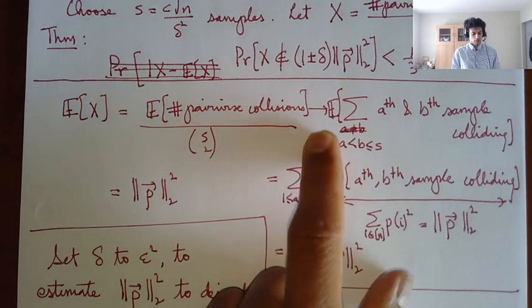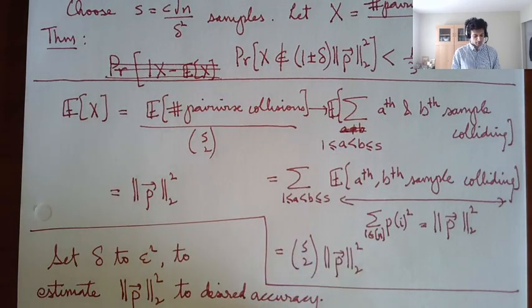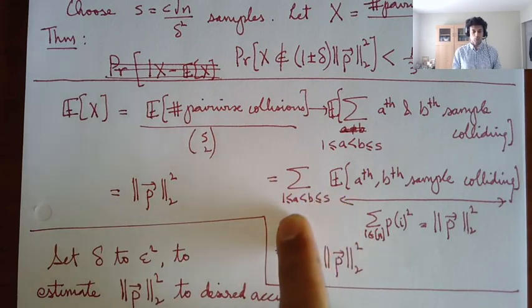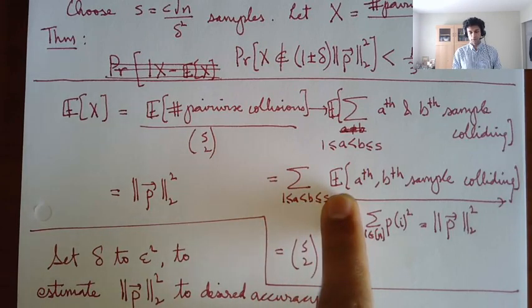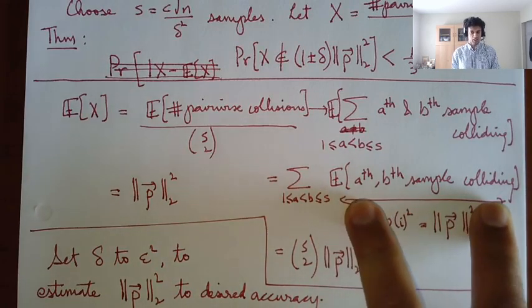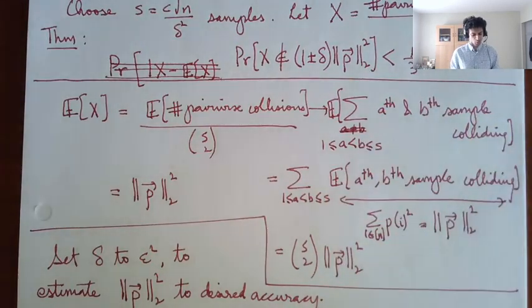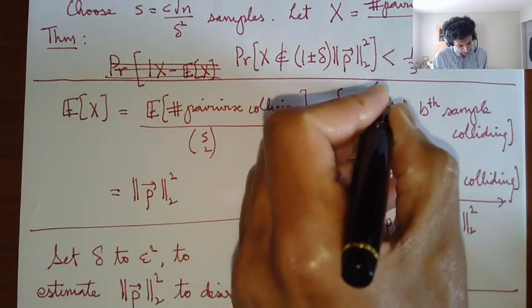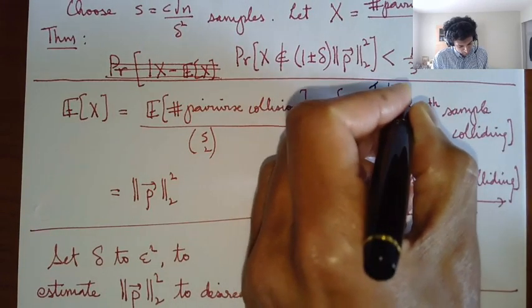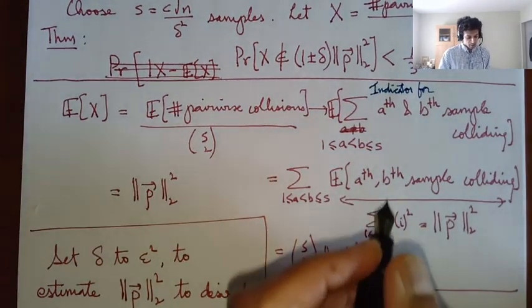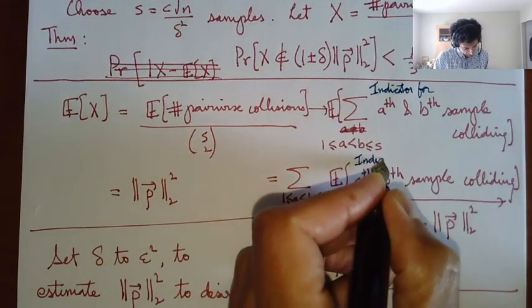And so when I commute the expectation and the sum, I get the sum over a less than b of the expectation of the ath and bth sample colliding. I should say an indicator for the ath and bth sample colliding. So this is the indicator for that.